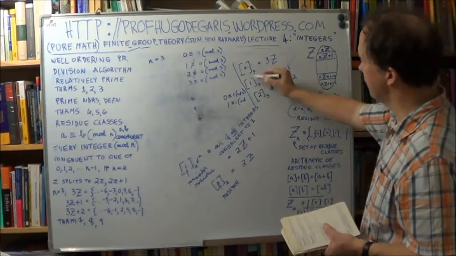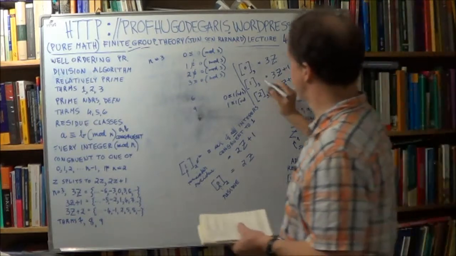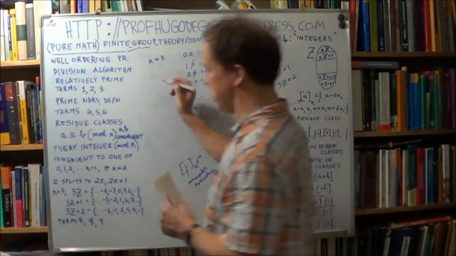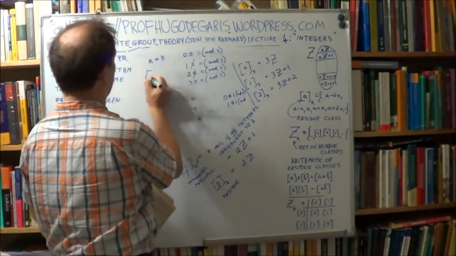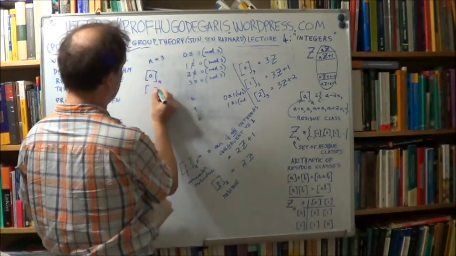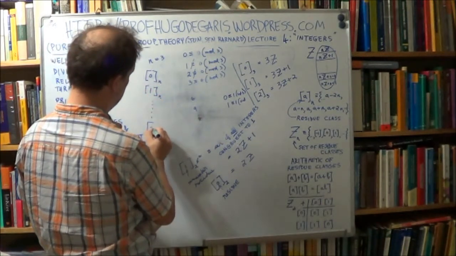Now let's generalize this and go to mod n. The residue classes would then be the following. Does this seem plausible? Dot, dot, dot, right down to n minus 1.